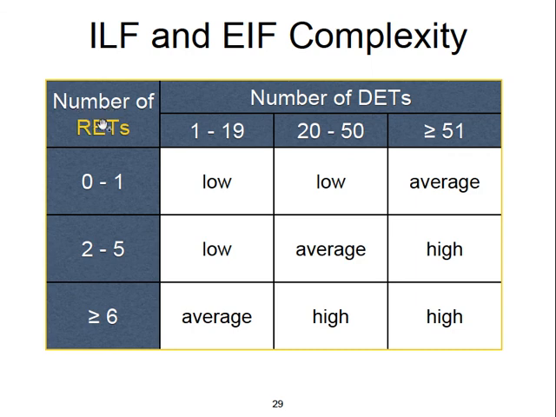So in the case of ILF and EIF functions, these are data functions, so they are grouped together. This DET is the number of fields, and this is the number of groupings. So we see that as the number of fields increases or the number of groupings increases, we rank that particular user function.